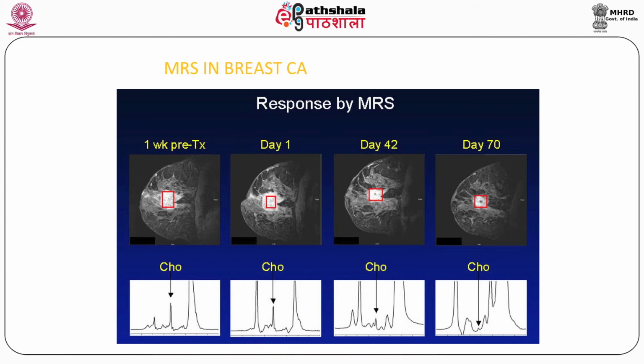On day 1 post treatment, we see that the choline peak is still present and it shows a mild dip in activity. On day 42 and day 70, we see significant lowering of choline peaks with almost a tiny speck of choline peak at day 70.